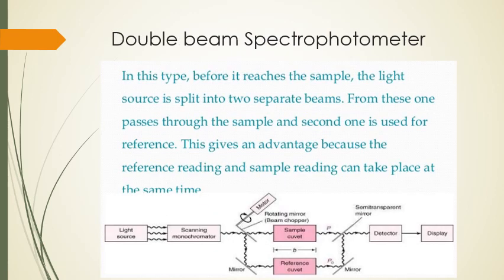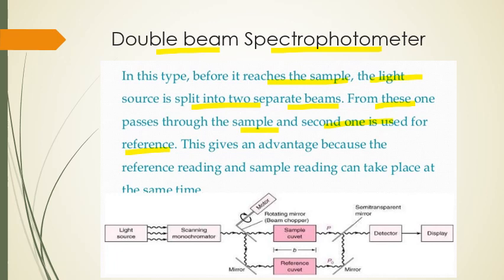The next one is the double beam spectrophotometer. In this type, before it reaches the sample, the light source is split into two separate beams. One passes through the sample and the second one is used for the reference.